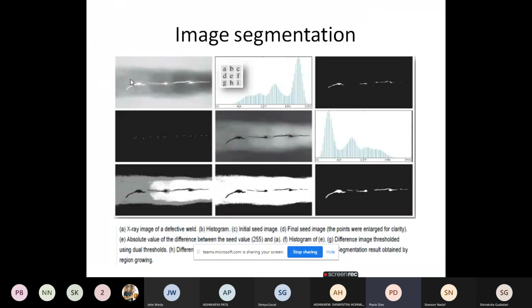That means you have bright regions running horizontally through the center of the image. Even in yesterday's discussion, I had given you one hint on how to differentiate between different intensities. Of course, that is based on the threshold. Am I right?